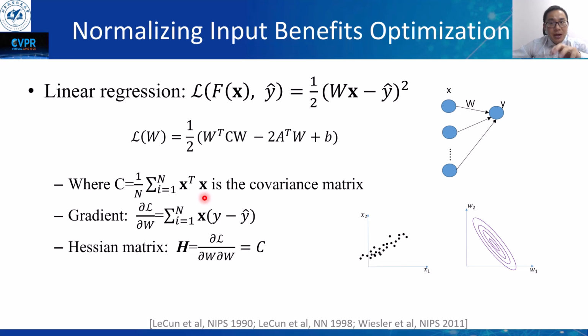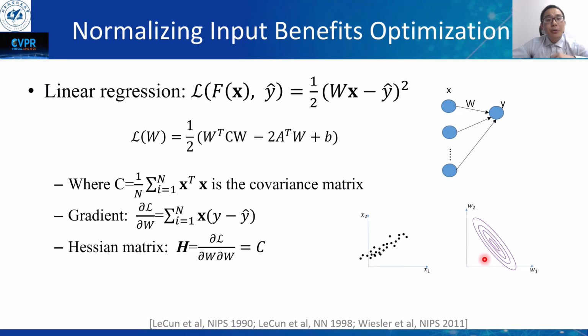Generally speaking, the shape of the optimization landscape for this simple linear model is controlled by the Hessian matrix. It can be easily derived to this formulation. We can find that the Hessian is the covariance matrix of the input. Therefore, the distribution of the input data controls the optimization landscape.